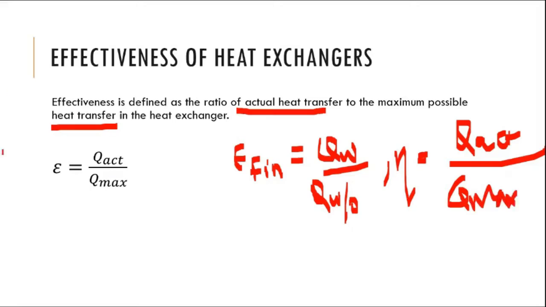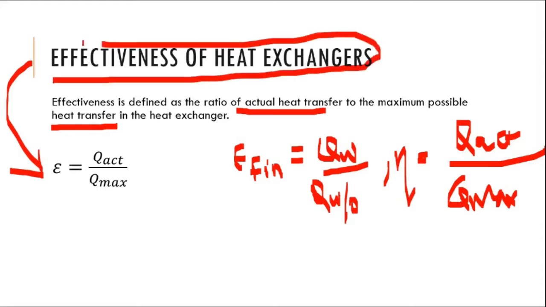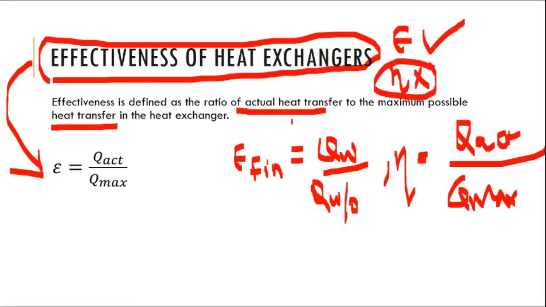But when we are talking about effectiveness of a heat exchanger, for measuring the performance of a heat exchanger, we have only one term, which is effectiveness. We don't define efficiency here. This effectiveness is defined as Q actual divided by Q max.